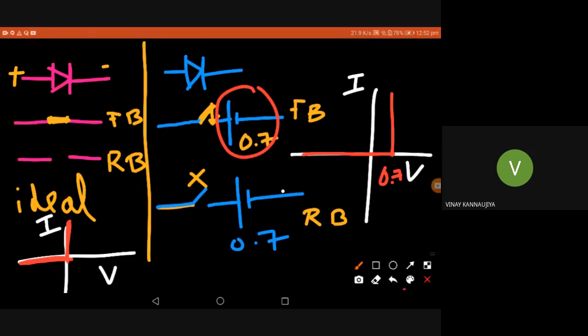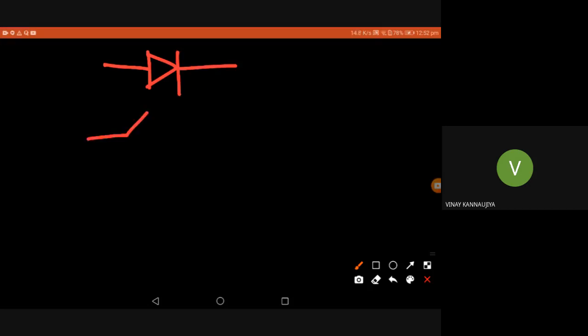Now, what about the third approximation? We have the first approximation and the second approximation. Now let's go for the third approximation. In the third approximation we again have a diode with a switch that is on when forward biased and off when reverse biased, and there is a battery and a resistance also.